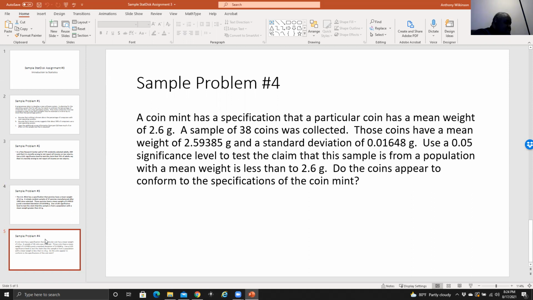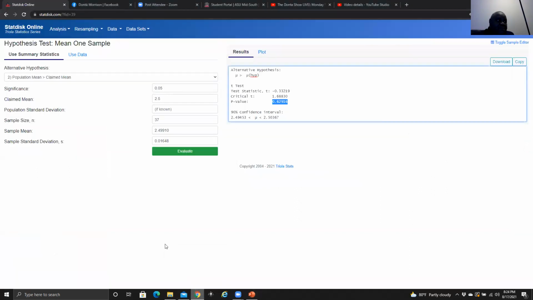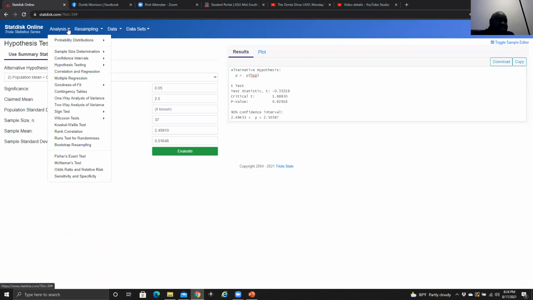And we're using a 0.05 significance level, and we're looking for the claim that the mean weight is less than 2.6. All right, so now let's use StatDisk. We're going to go to analysis, go to hypothesis testing. We're still testing a claim about a mean, so we need to select the one that says mean one sample.